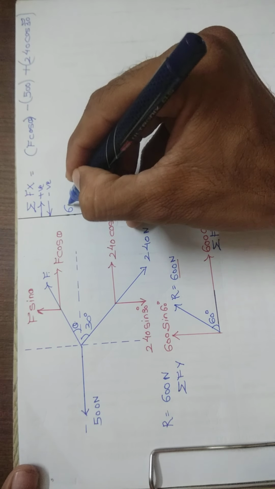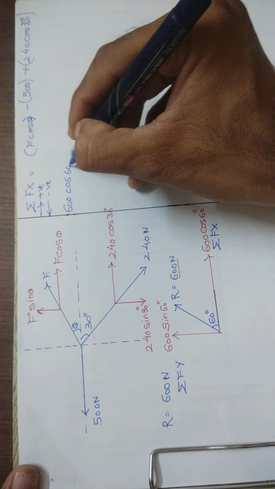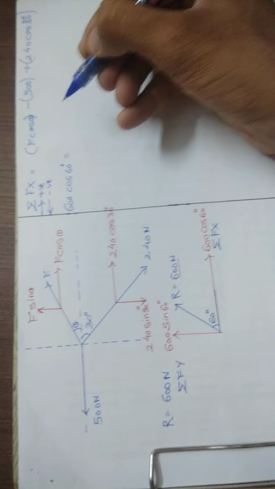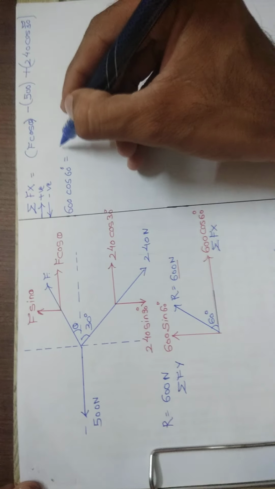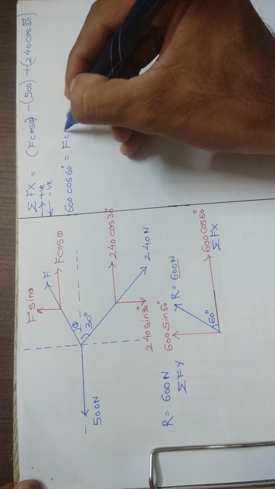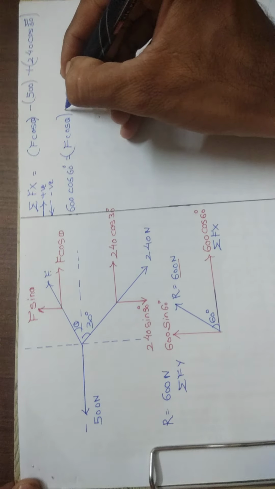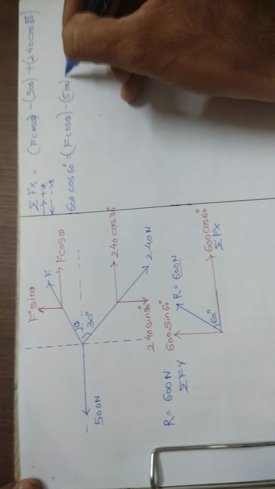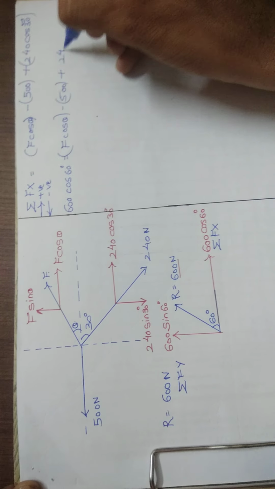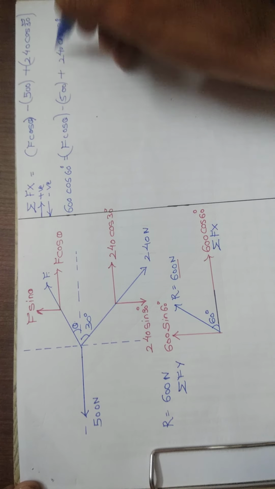So here I am writing down 600 cos of 60 degrees, that is equal to F cos theta minus 500 and 240 cos of 30 degrees.